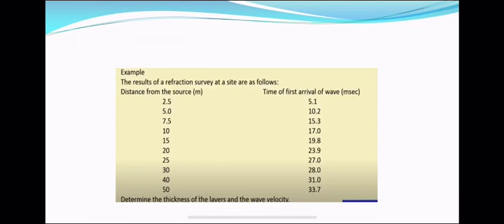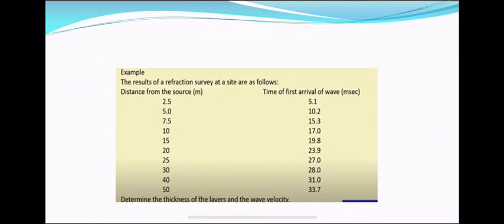And the time of first arrival of the wave is in milliseconds. Remember that this is represented in milliseconds. So these are the values and these are the distances. Distance is on the x axis and the time of first arrival is on the y axis.